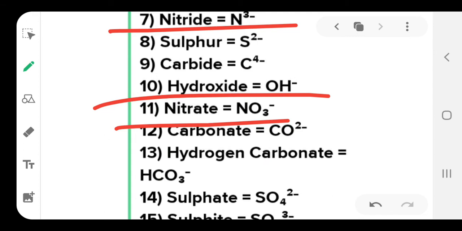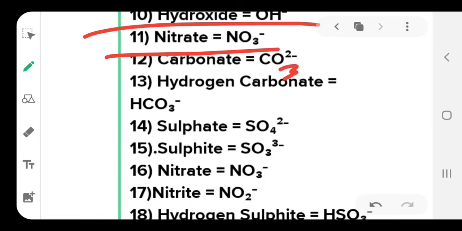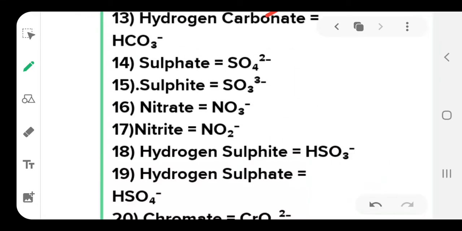Nitrates are there, NO3-1. Carbonate, that is CO3, you can write it at the base, -2. Then bicarbonate, HCO3-1. So write it down after pausing the video if it is moving too fast for your comfort zone.